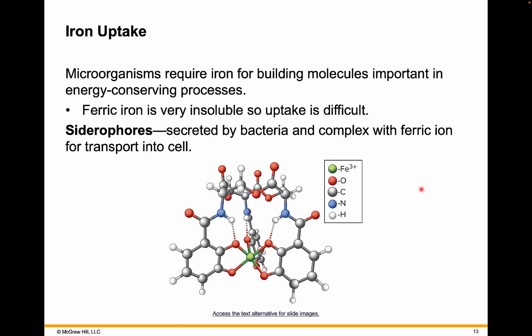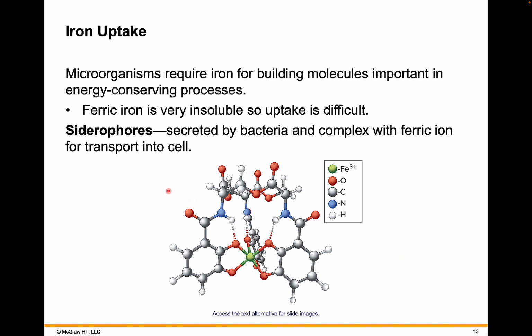So let's take a look at a very specific process of bacteria. Many bacteria require iron for building molecules, and this is required for their energy conserving processes that we are going to see later. But the ferric iron, which is Fe3+, is very insoluble and its uptake is very difficult for the bacteria.